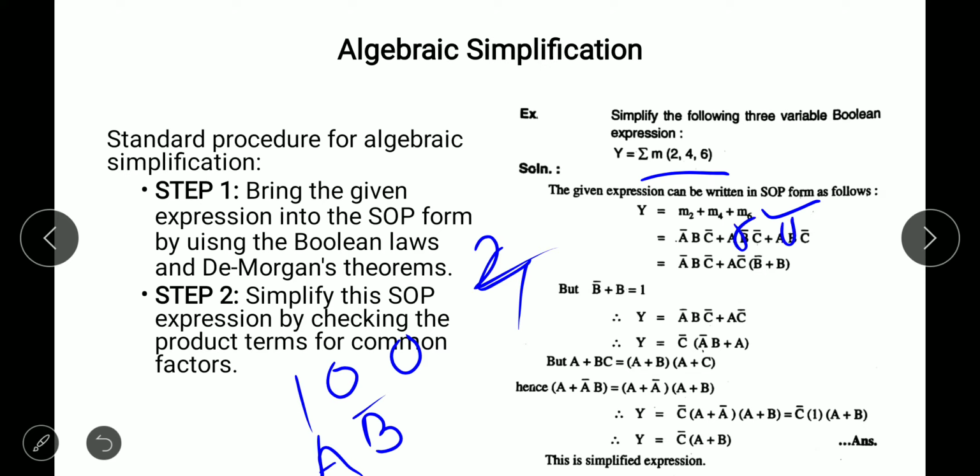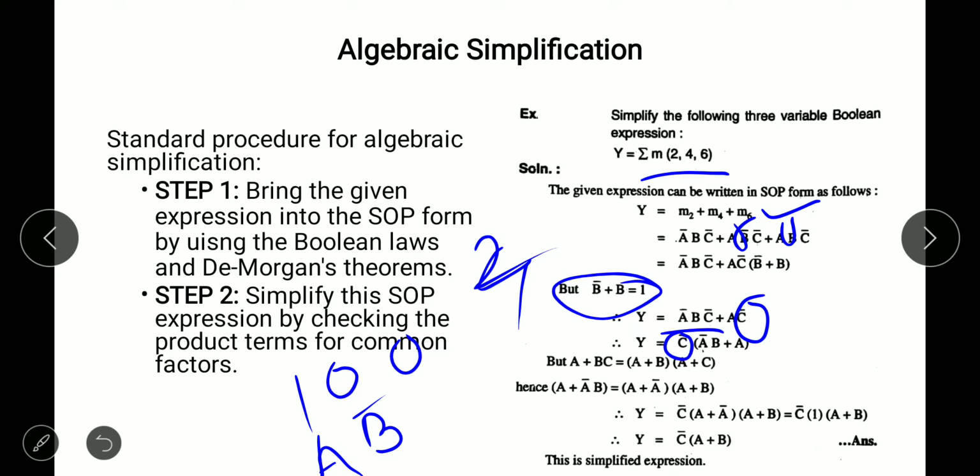You know that B bar plus B is nothing but 1 using the laws. So Y is equal to A bar B C bar plus A C bar. So here, if you see, C bar is common, so take C bar outside, and what will remain here?